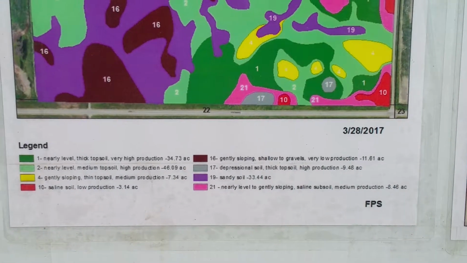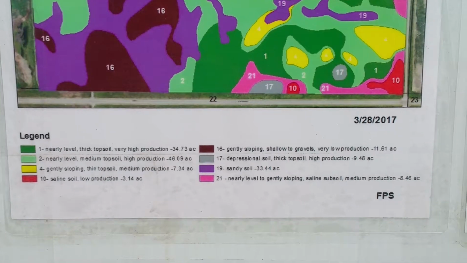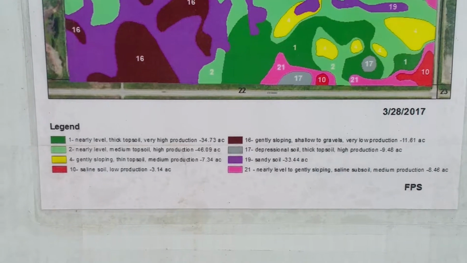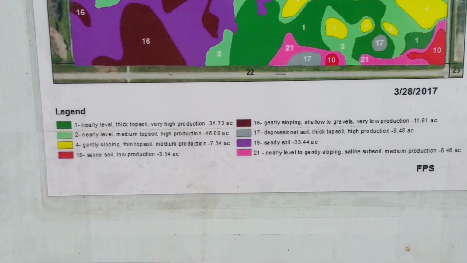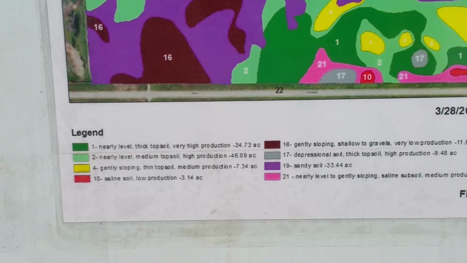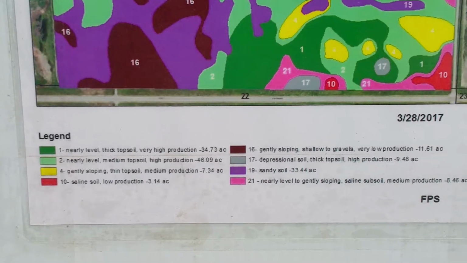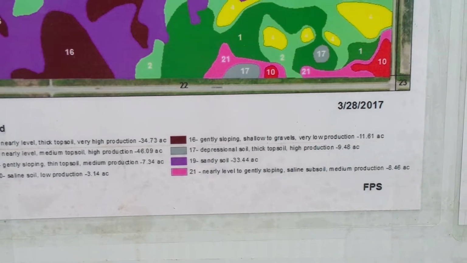It's got a zone 1, dark green, 2, lighter green, 3, it's got 4, yellow. Zone 10 is red, a salt right to the surface. Zone 16, that umber or brown, it's got gravel real close to the surface.